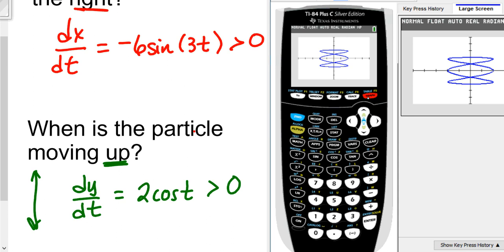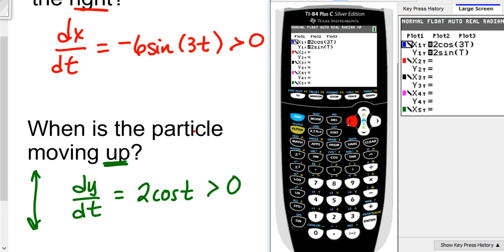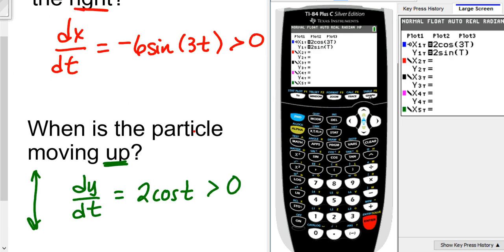Before we leave parametric though, I did want to also show you this thing I call ball and chain. I got that from my friend Mrs. Gibson, who used to teach at Lake Forest High School. Okay, so if you go over to this left part of the y equals, there's a symbol that looks like a little line and a circle. And what's great about that symbol is that it traces through the graph.